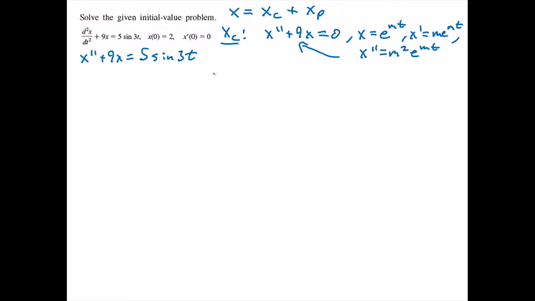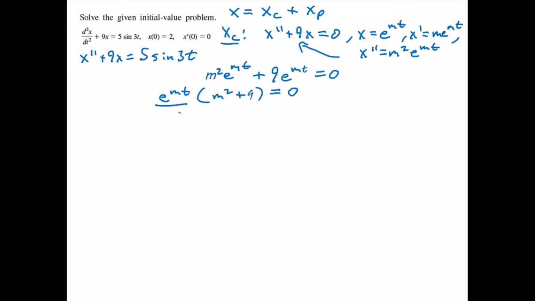Substituting those into this equation will give us m squared times e to the mt plus 9 times e to the mt, and that will be equal to 0. So if we factor e to the mt out of the left-hand side, the other factor will be m squared plus 9, and those two factors will multiply to give 0.